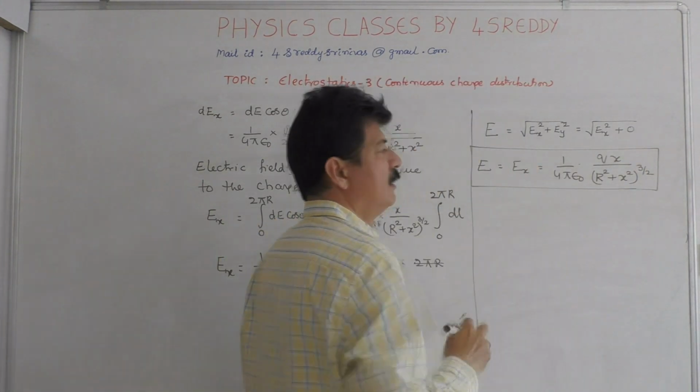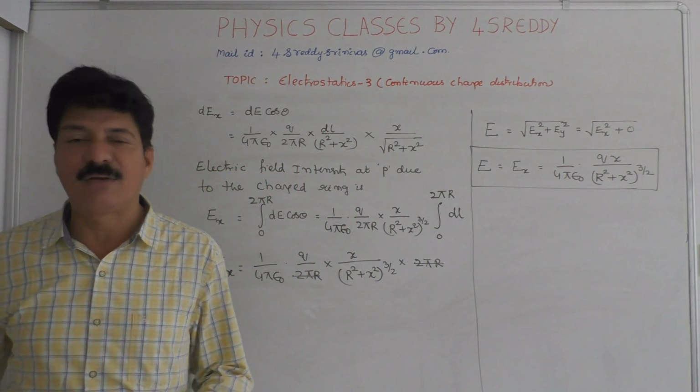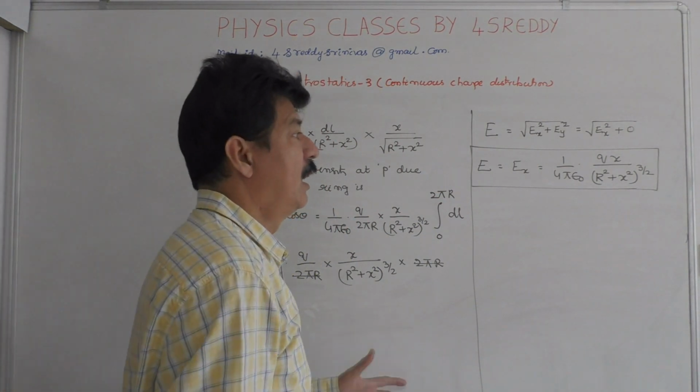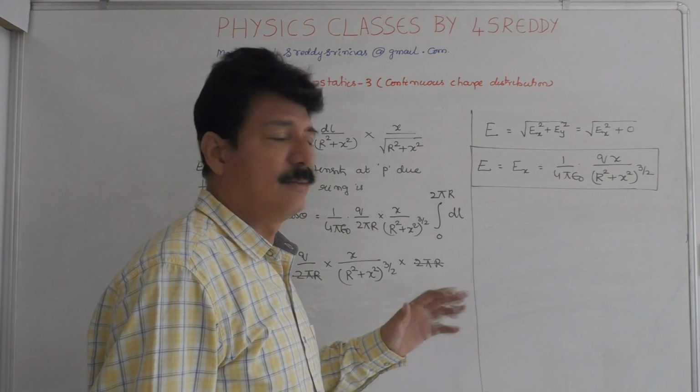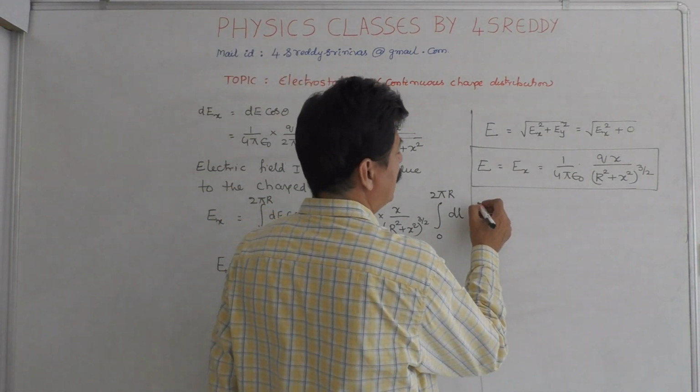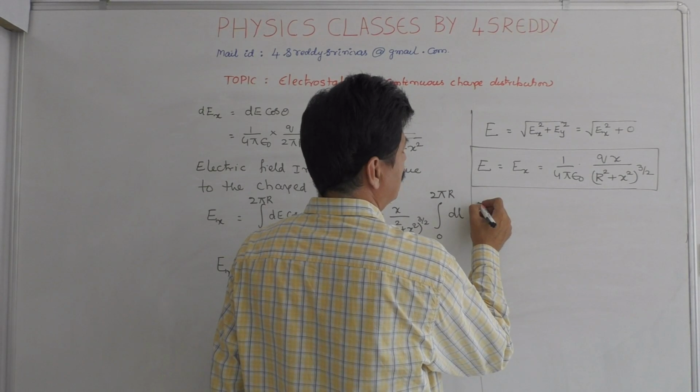This is the standard formula for the electric field intensity due to a charged ring. And now here there are points.